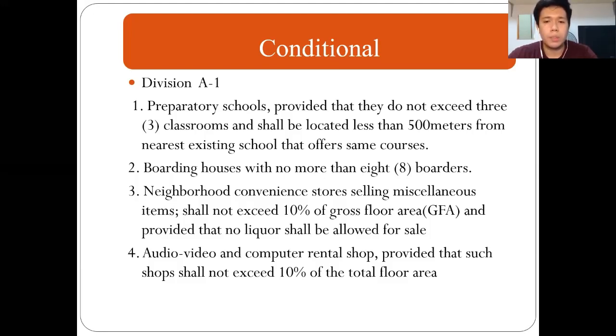Boarding houses with no more than 8 boarders. Neighborhood convenience stores selling miscellaneous items shall not exceed 10% of gross floor area or GFA, and provided that no liquor shall be allowed for sale.